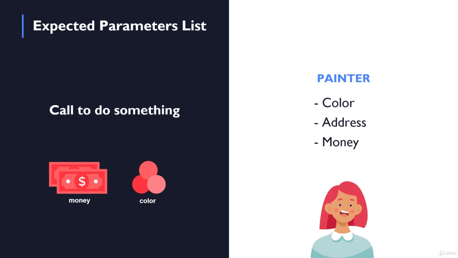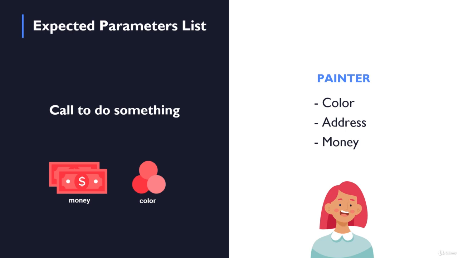Like the color we want to use, your address, where you live, and how much money can you offer. So I hope that's clear for this example of what parameters a painter may want, okay? So a color, address, money, and so on.